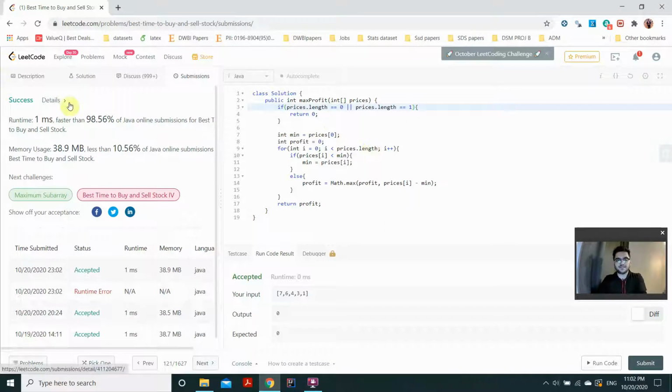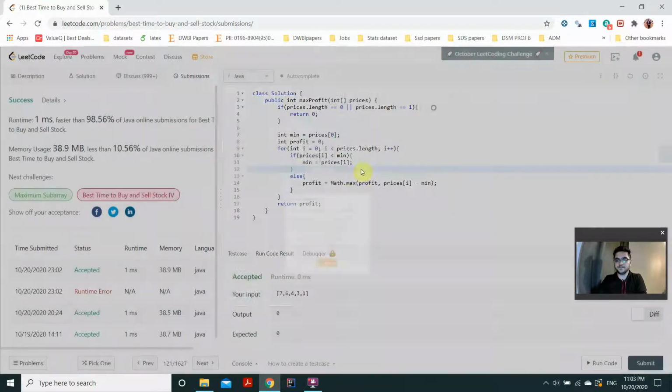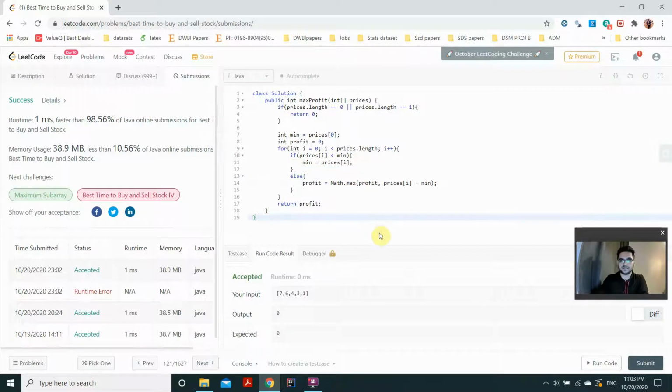Perfect. It's better than 98.56% of Java online submissions. I'll write the space and time complexity right here.